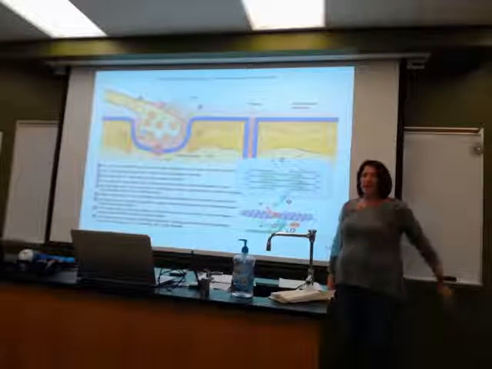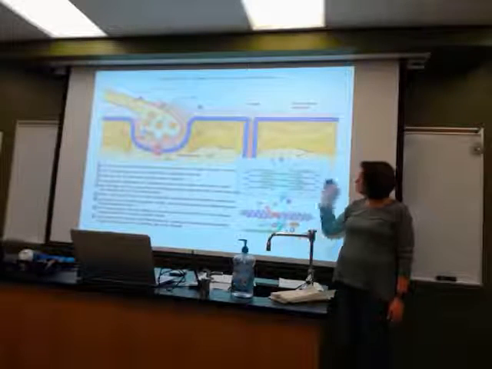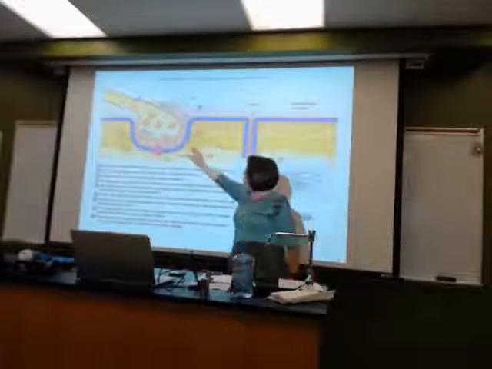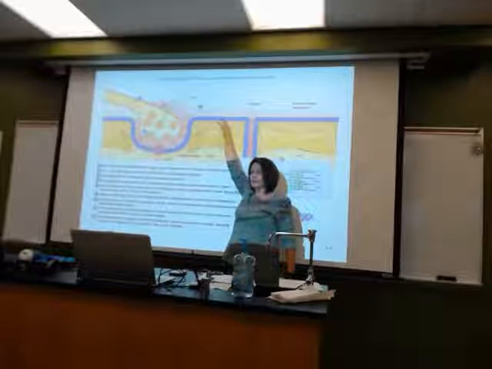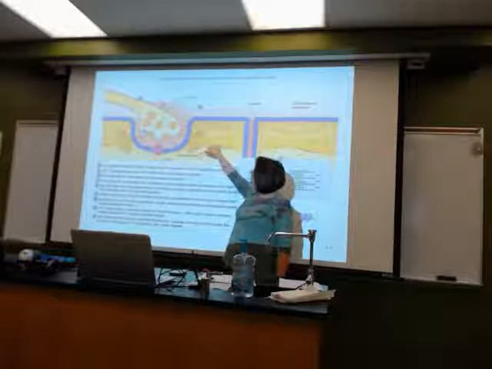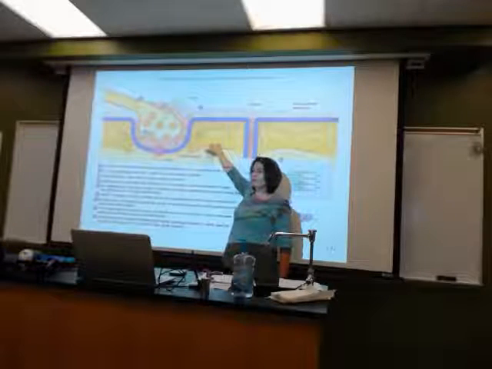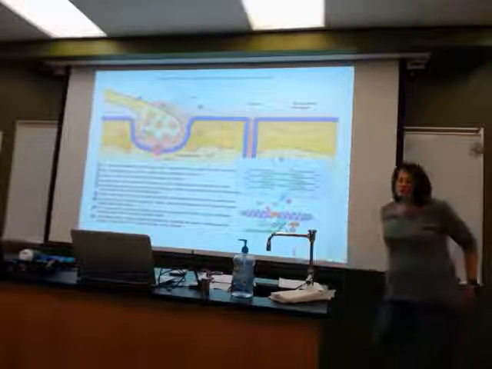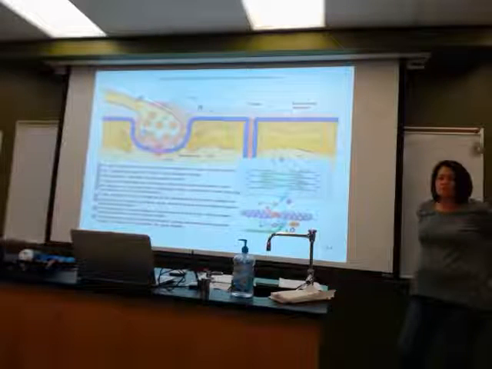Let's say, for example, that we get all of the process where we've gotten the action potential, but there's no calcium, or the calcium is low. What could happen in the rest of this process?